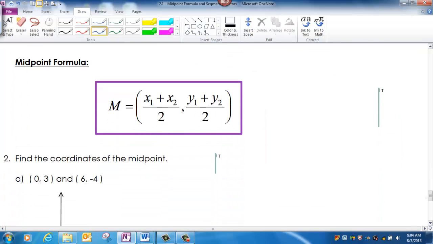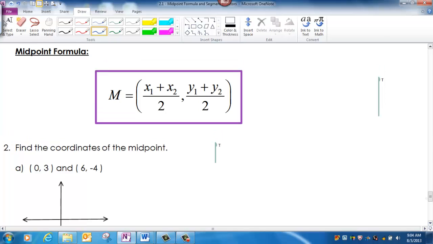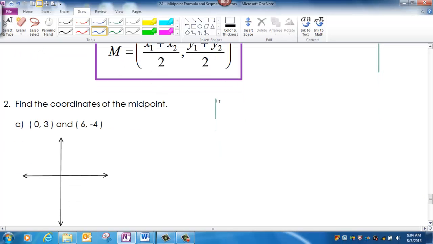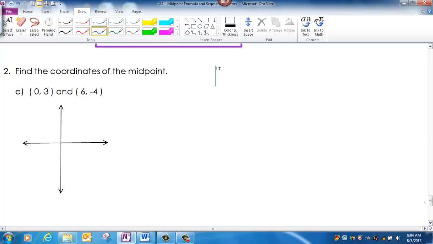Now, just like we were doing the distance formula, we also can plot points in a coordinate plane and then find what's the middle point, what's the midpoint between the 2 points that were given to us. So let's talk through a problem here. It says find the coordinates of the midpoint. Okay, so let's first of all plot this first point, the coordinate point 0, 3. So 0, we're not going left or right at all, and then we're going to go up 3.